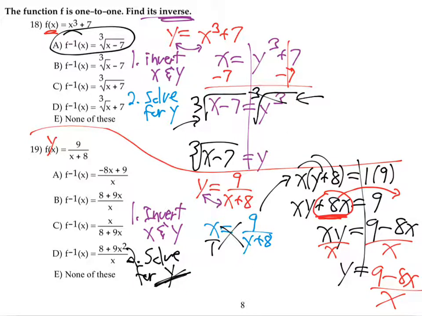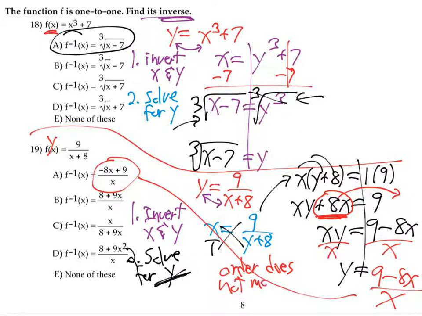By the way, do you realize that's the same answer as A? See how the order's different on the top? Remember, order does not matter, only signs in front matter.